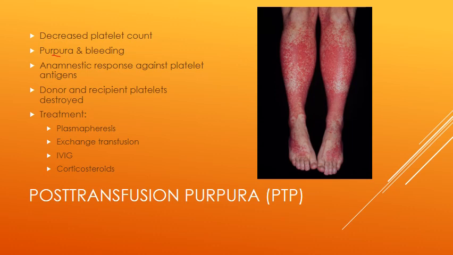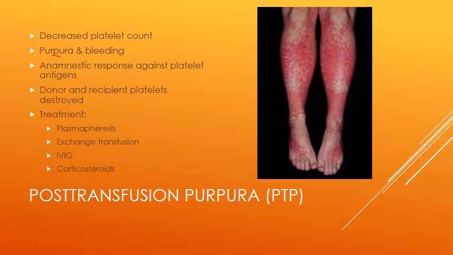So only patients who are HPA-1A negative, only 2% of the patients, could become sensitized to that antigen. And unfortunately, they'll develop an immune response against it, and they're the ones who are at risk for this.